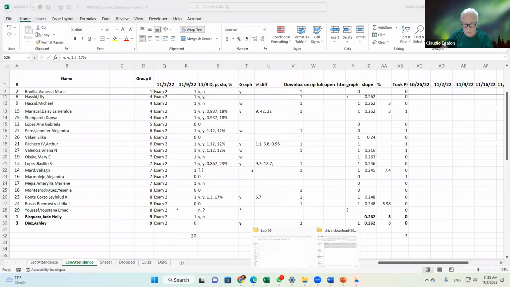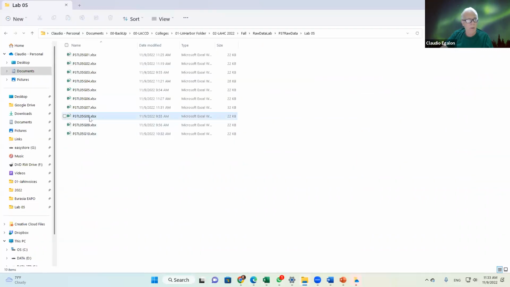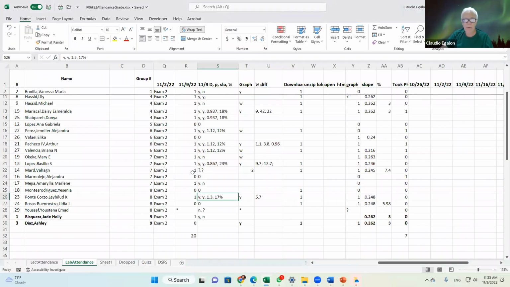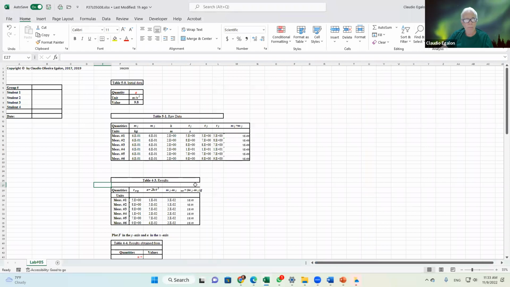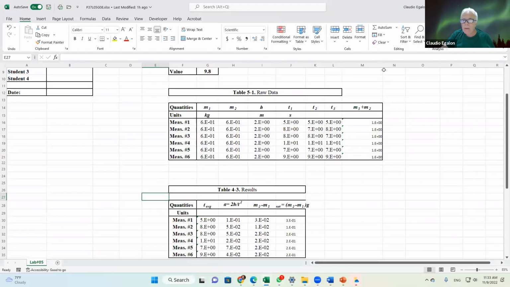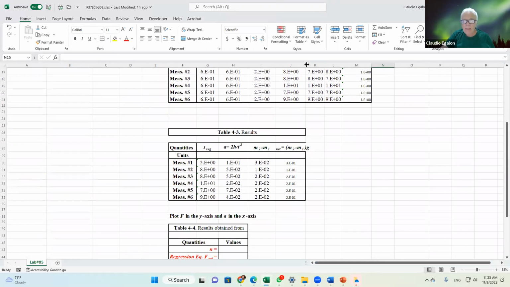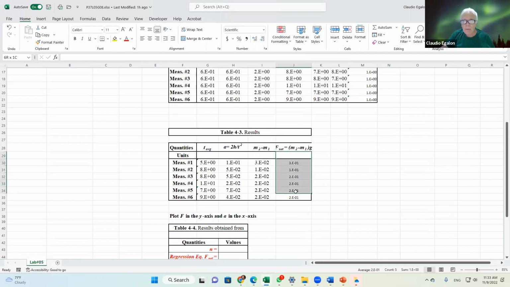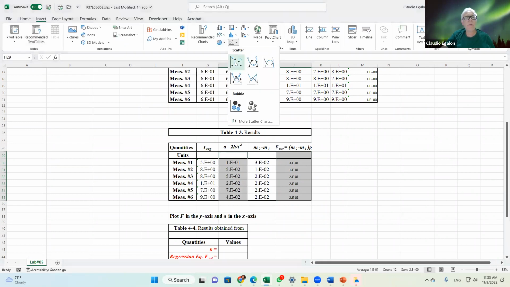Group 8. Net force versus acceleration. Insert chart.